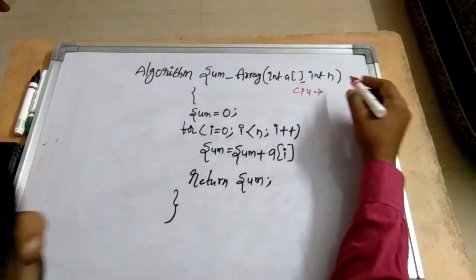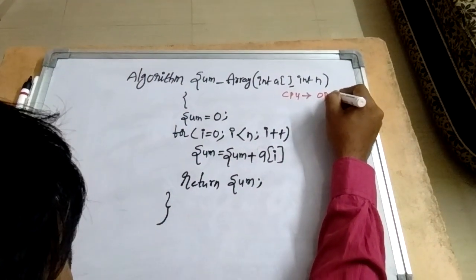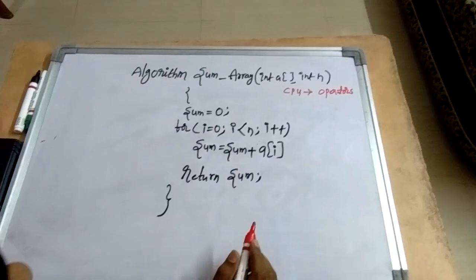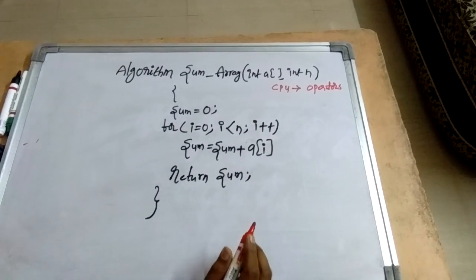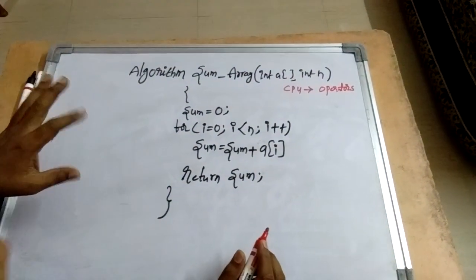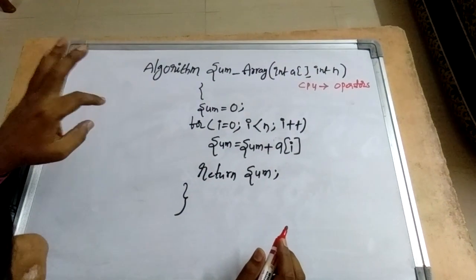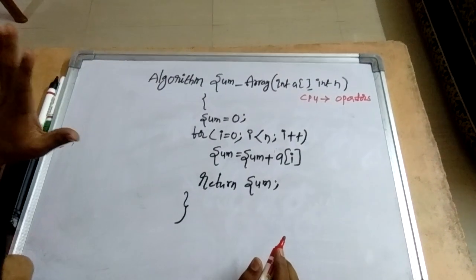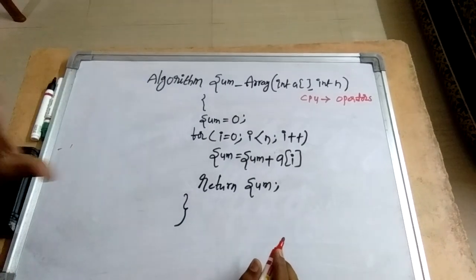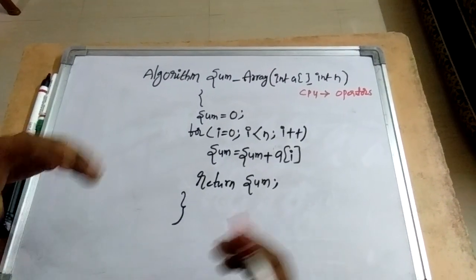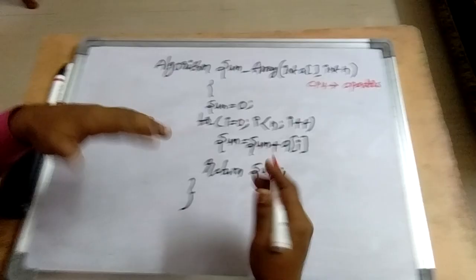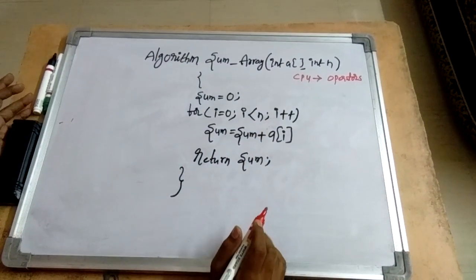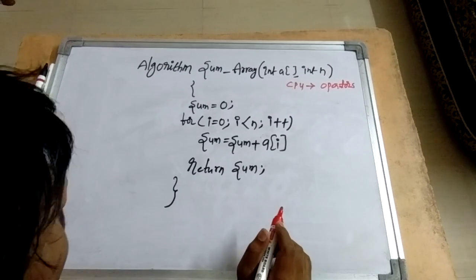So where will the CPU time be involved in the given algorithm? Remember, for all operators which are there in the given algorithm, there will be an involvement of CPU. Arithmetic operators, relational operators, logical operators, bitwise operators, special operators, assignment operators, increment and decrement operators. Wherever there is an operation using any operator in any programming language, there must be an involvement of CPU, because CPU only will be doing the operation.